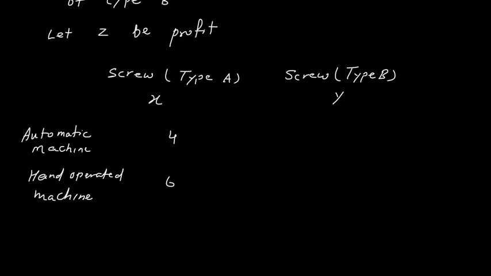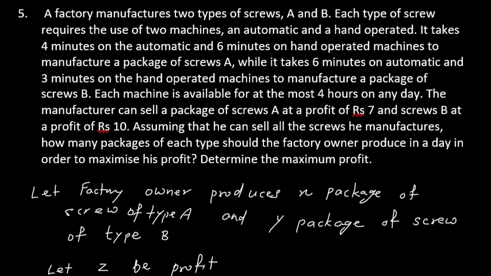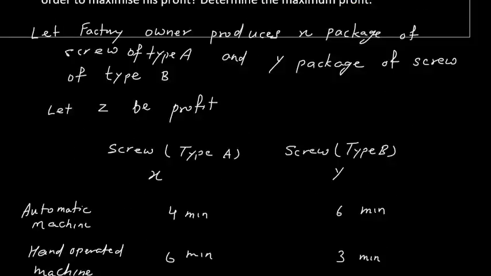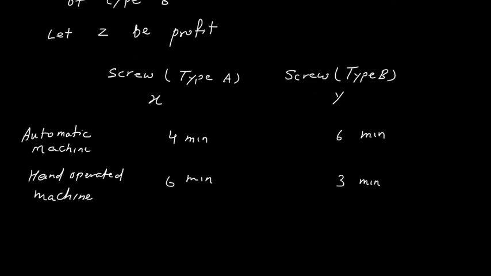So 4 minutes, 6 minutes, 6 minutes, 3 minutes. Each machine is available for at most 4 hours a day. So 4 hours means a total time of 4 times 60, which is 240 minutes. So this is the maximum time these machines are available.